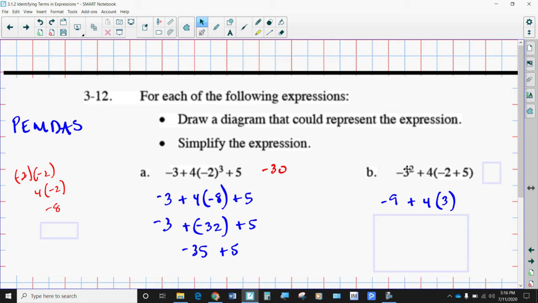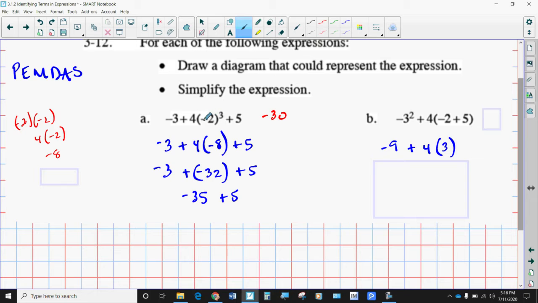Separate terms. Okay, now some of you might be asking, why is that -9 instead of +9? Because -3 squared would be -3 times -3, which would put us at +9. However, there's something to be aware of here. The parentheses that we had around this -2 meant that this -2 was repeatedly multiplied together 3 times.